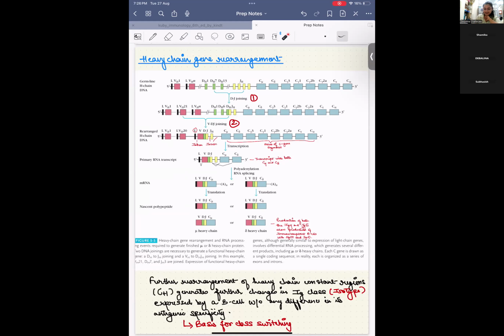Because its function is over. Yes. So the antibody molecule has the VDJ and constant region only, which make up the whole antibody structure in the transmembrane form, right? Yes.